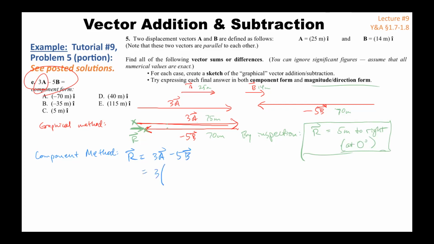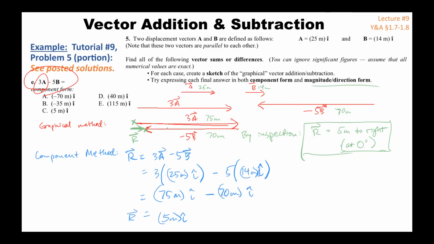It's 3 times 25 meters i hat minus 5 times 14 meters i hat, which is positive 75 meters i hat minus 70 meters i hat, which is positive 5 meters i hat. And that's exactly the same answer, only this is in component notation, and up there that was in magnitude and direction notation.